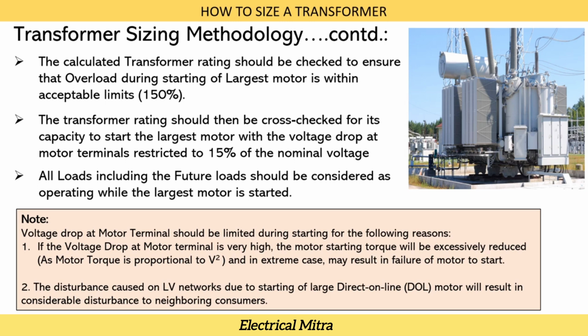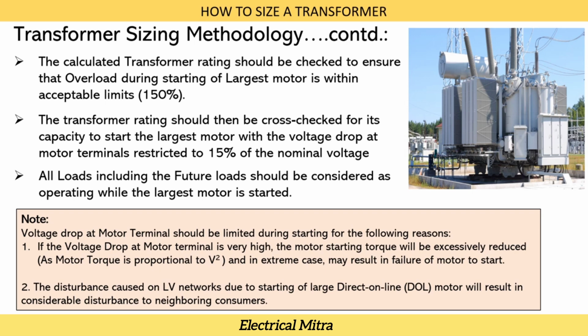For this purpose, we need to consider all loads, including the future loads, as operating when the largest motor is started. And why do we need to ensure that the voltage drop at motor terminal is limited when the largest motor is started? Well, if the voltage drop at motor terminal is very high, the motor starting torque will be excessively reduced, as the motor torque is proportional to voltage square.